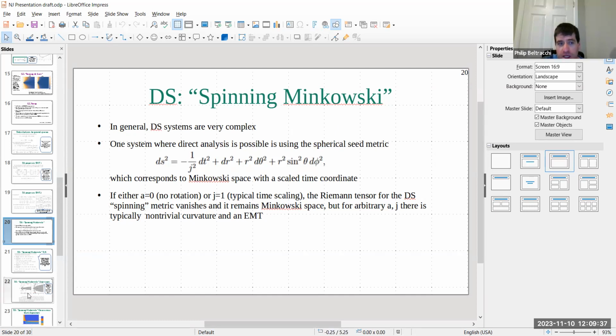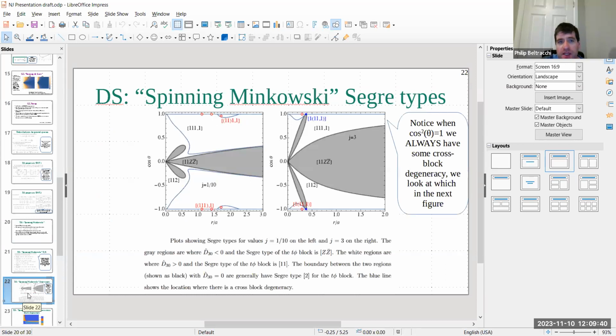The matter content is actually rather unusual because there are some regions where we have complex conjugate eigenvalues. So it's not clear what exactly the right-hand side of the Einstein equation would correspond to.